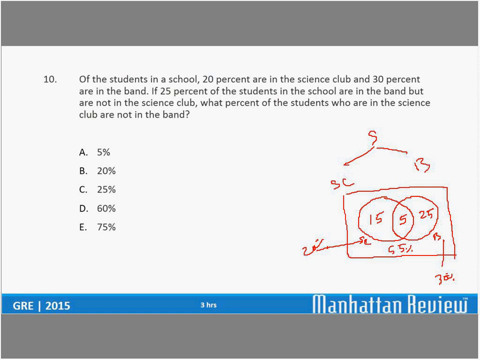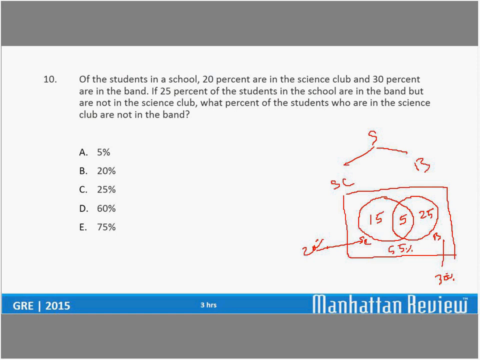What he is expecting from us, we'll understand after reading the remaining part of the sentence. Now the question: if 25% of the students in the school are in the band but not in the science club, what percent of the students are in the science club but not in band? Exclusively only the science club percentage.